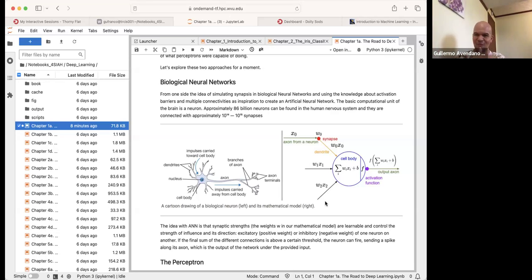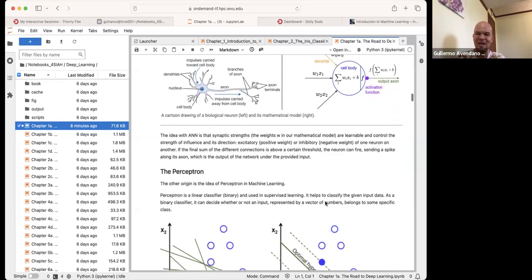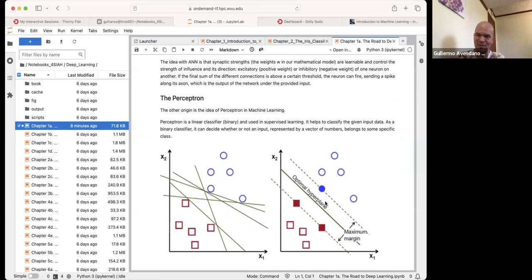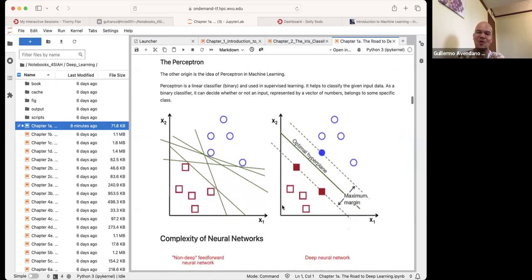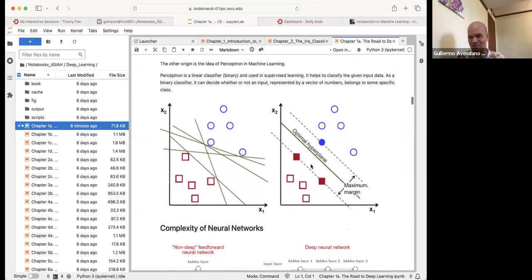So deep learning, that is the other origin, also a mathematical origin, is the idea of a perceptron. In the perceptron, what we have is two elements, for example, a classifier, what we introduced before, and we are trying to find a maximum margin, very similar to the maximum margin in a support vector machine.